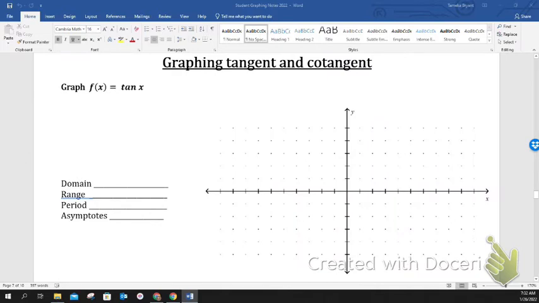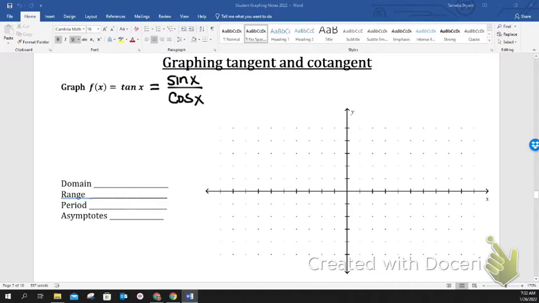Okay, so first of all, the definition of tangent is sine divided by cosine. That is how you find tangent. So tangent equals sine divided by cosine. Because it's one of our quotient ratios, meaning that we have to divide the other two to find it.